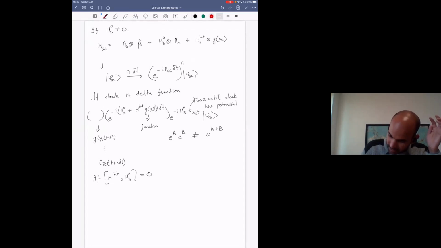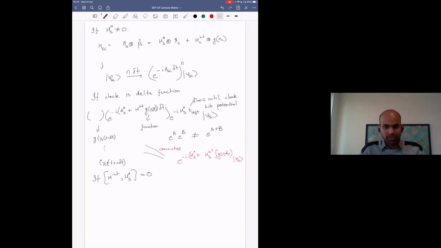And this whole thing then goes to e to the minus i (h naught s times t plus h int s times this integral over y) acting on the state psi.